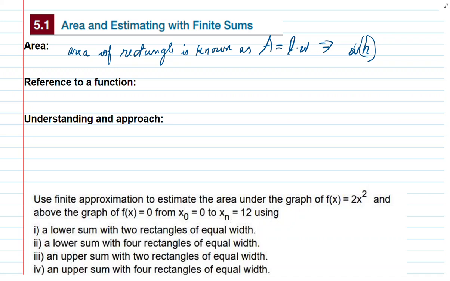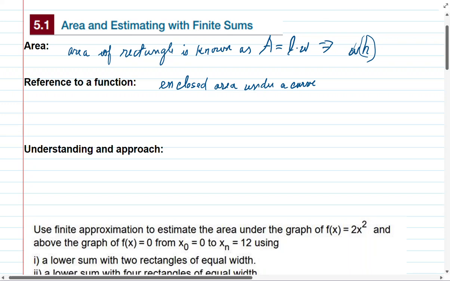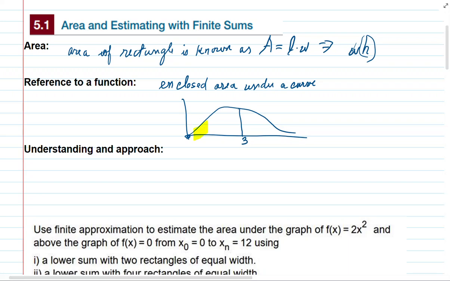And that is, for us, the Y output. And so we're looking then in reference to an enclosed area under a curve. So what we're saying now is the fact that we can have this condition here, and we want it from, say, 0 to, let's say, 3, and we want this area under this curve.